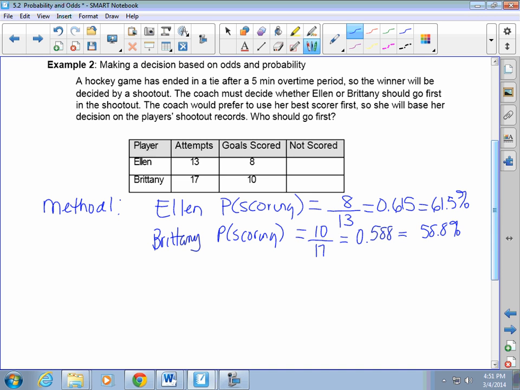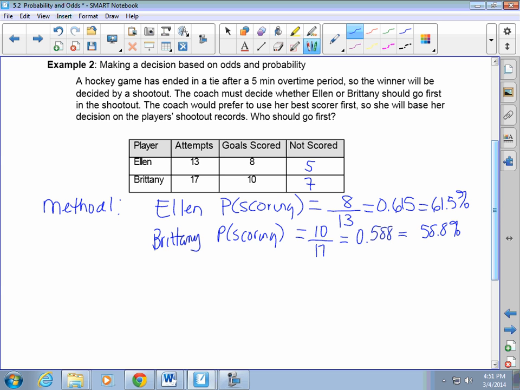of them scoring. So in order to do that, you have to take a look at the complement. So we have goals scored to goals not scored. So if Ellen had 8 goals, attempted 13, that means she didn't score 5 times. Brittany had 17 attempts, 10 scored, so that means she didn't score 7 times.